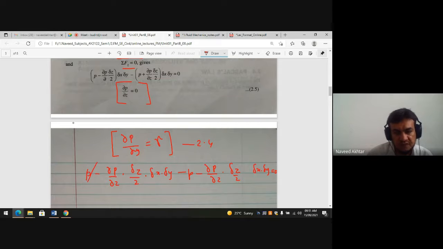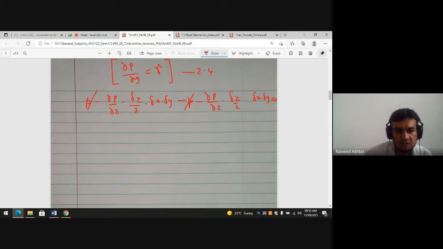So this p will be cancelled. What will remain? Dou p by dou z by 2 here, also minus dou p by 2 dou z, and all the terms delta x, delta y and delta z are common, is equal to 0.